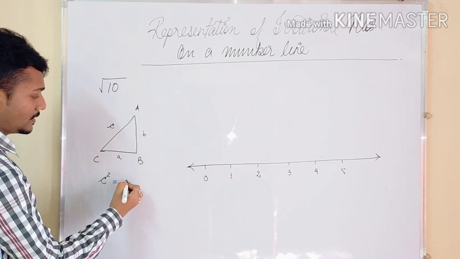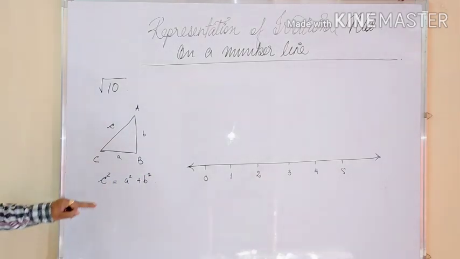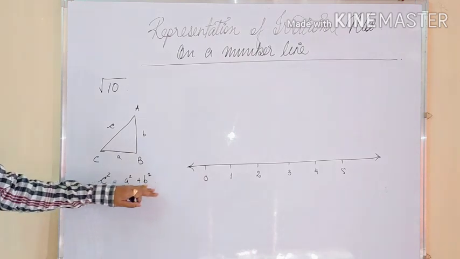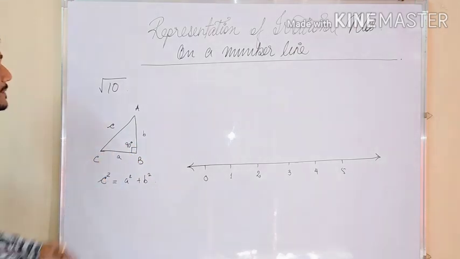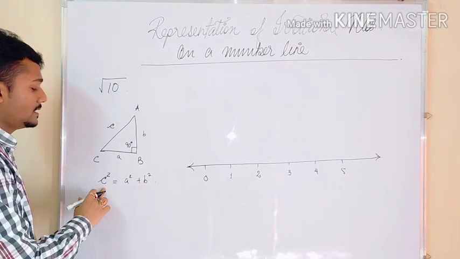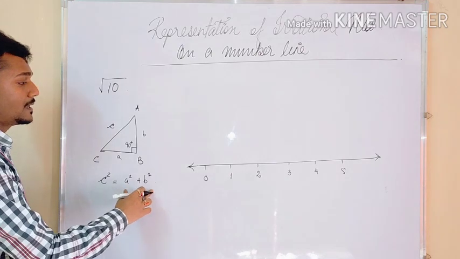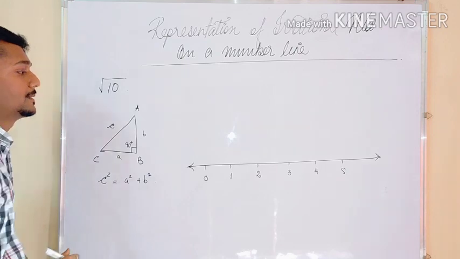C square is equal to A square plus B square, provided angle B is equal to 90 degree. That means 90 degree at B, then C will be the hypotenuse, so C square will be equal to A square plus B square. Okay, fine.